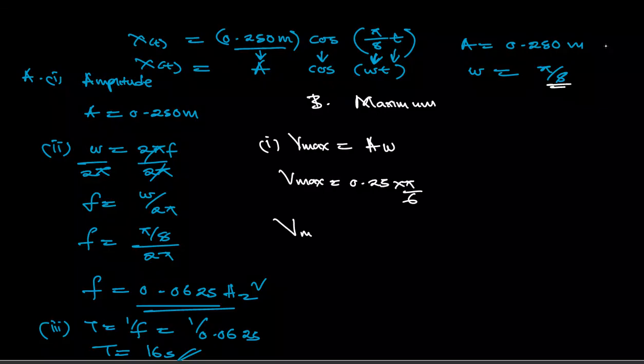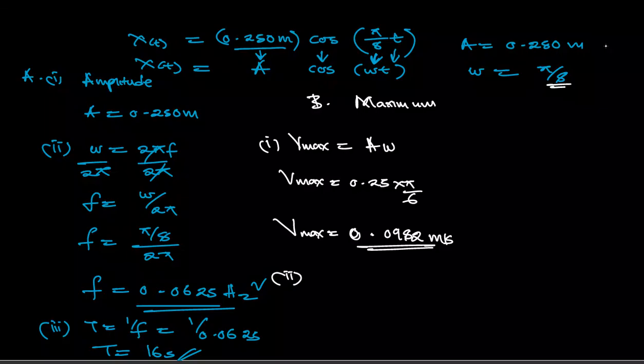Once you find this on your calculator, you are going to get the answer. Once you round it off, it is going to be 0.0982 meters per second.